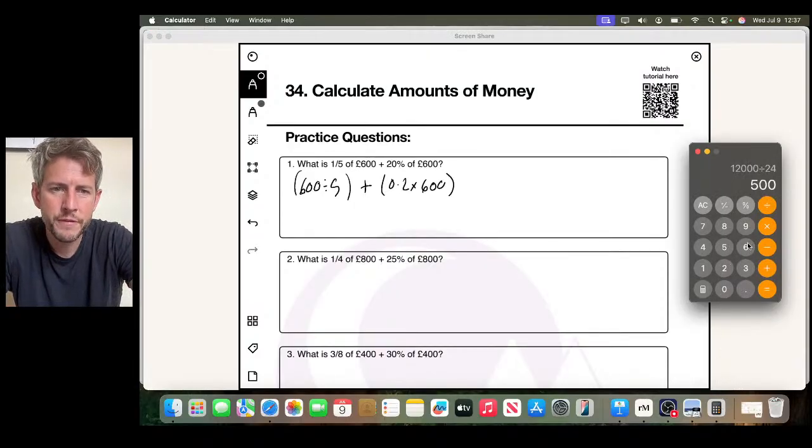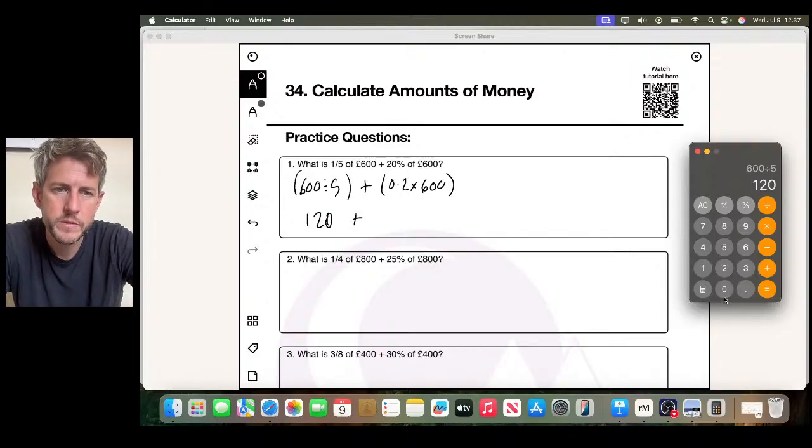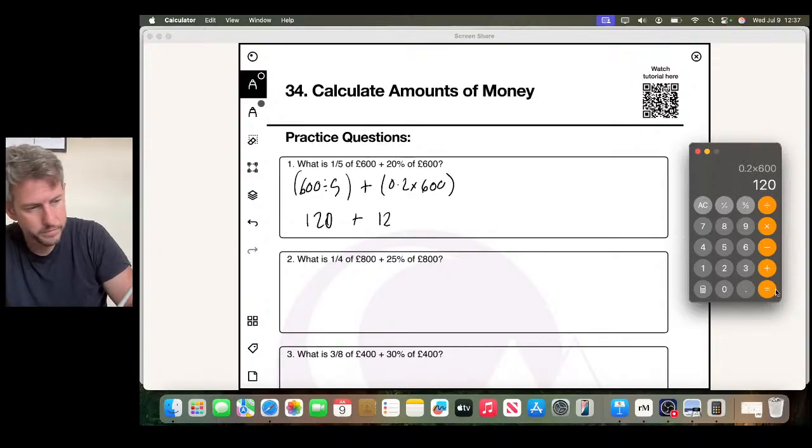A fifth is 600 divided by 5, because we're cutting it into 5. So that's 120. And then 0.2 times 600 is also 120. Add those together equals 240. So it'd be £240.